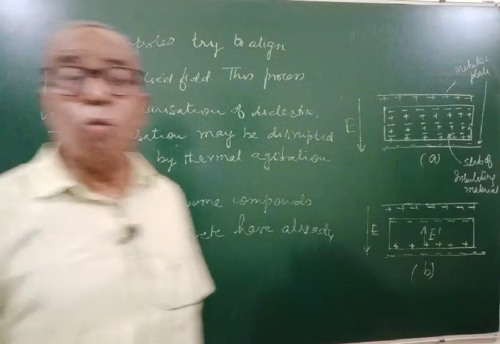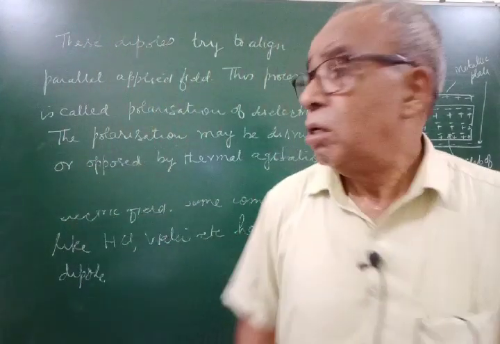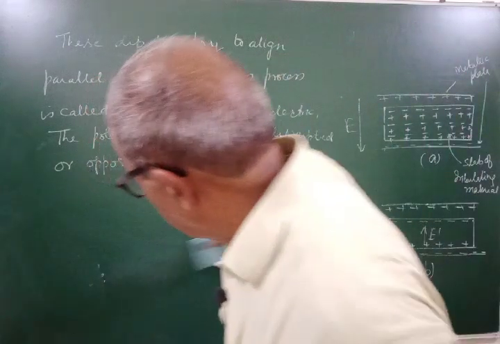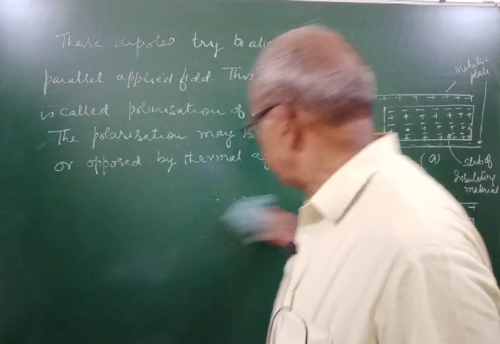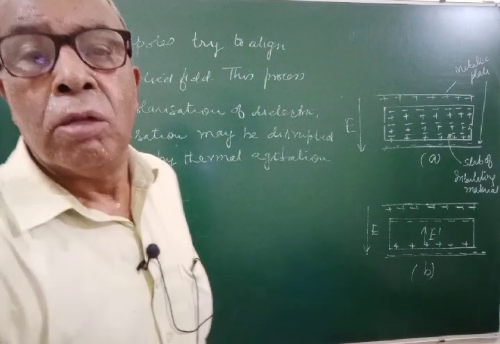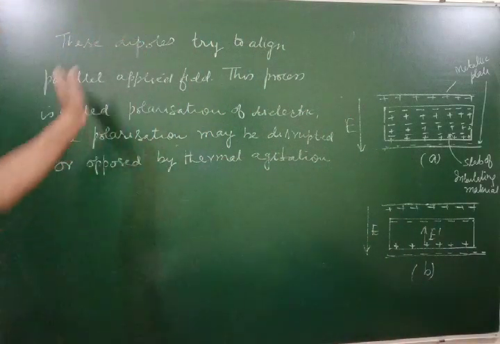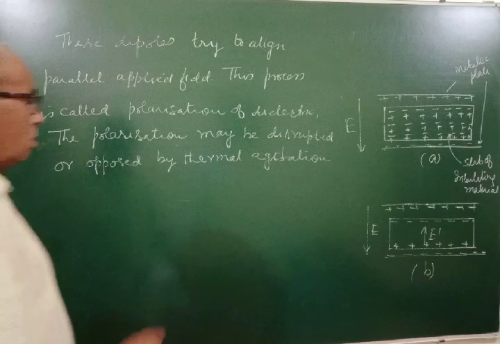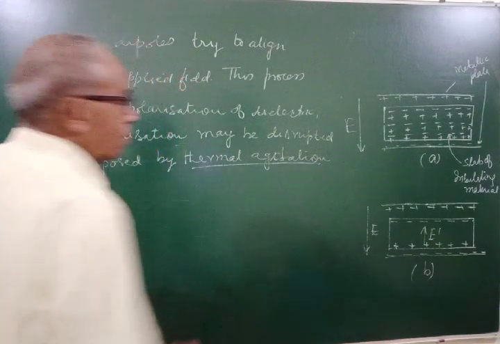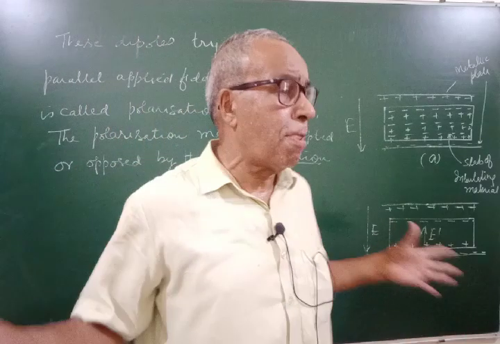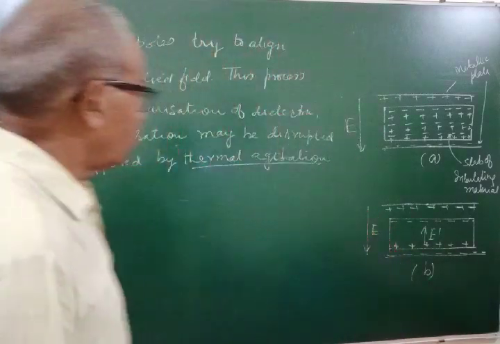What is thermal agitation? Movement of molecules due to their temperature. Actually, due to molecular motion, dipoles are present in molecules. So when we apply a field, they get aligned, and this alignment may be disrupted or opposed by thermalization. Thermalization is movement due to temperature. The higher the temperature, the more the movement and the more the opposition.